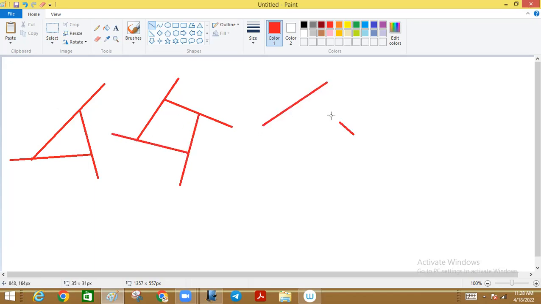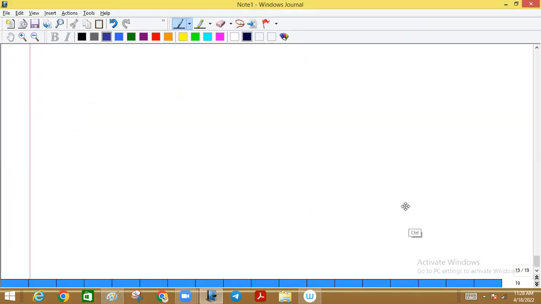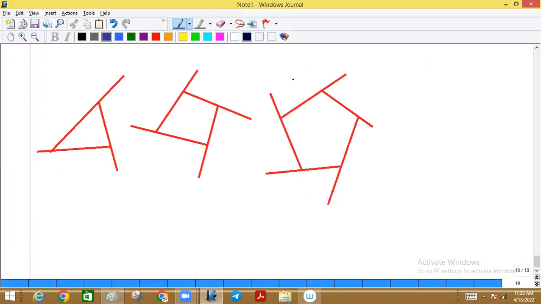Quadrilateral? This one is a pentagon, right? Look at its external angles. I'm taking it clockwise. All of them I'm taking in clockwise.